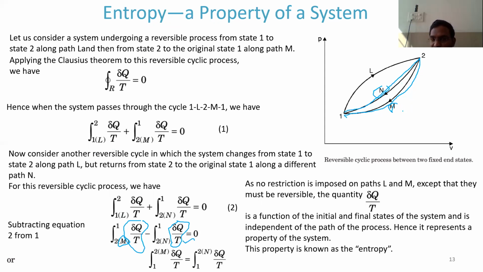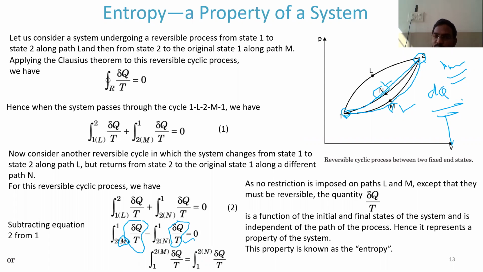Whether I am following path M or following path N, this dQ by T is independent of the path. So it is a point function. It is going to have a fixed value that is dependent on the state of the system, state 1 and state 2. And as it is independent of the path, it is a point function, and it has a fixed value that is dependent on the state.